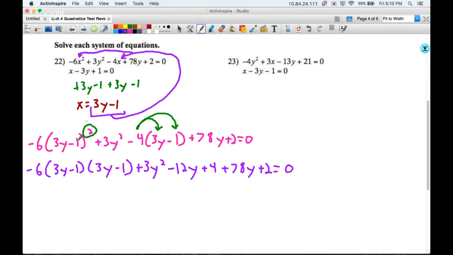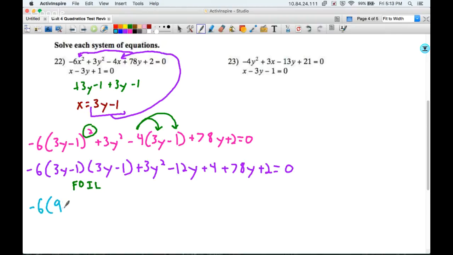And now to continue to solve, I need to FOIL these two binomial terms here. So I think a lot of people like distribute that 6 first or something. You actually have to do 2 other steps before you can distribute that negative 6. You got to expand, and you have to FOIL. And now I'm going to have negative 6.